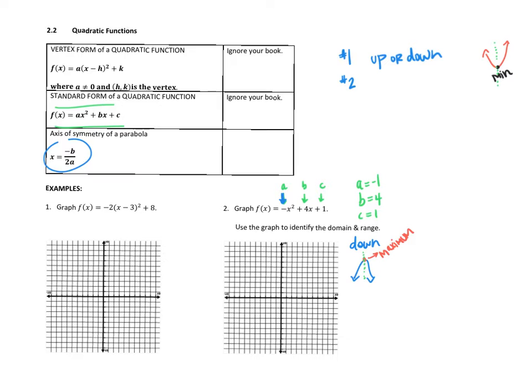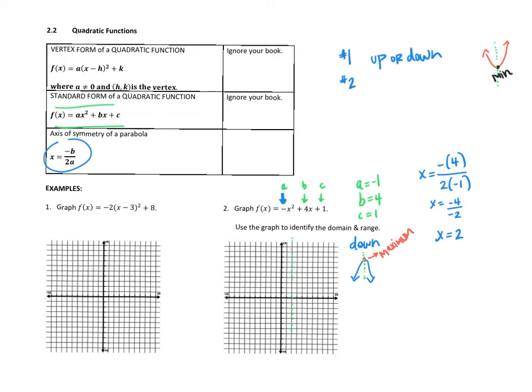So I'm going to start with that. On number 2, I have x equals -b, well, b happens to be 4, over 2a. So that's going to simplify to x equals -4 over -2, which is x equals 2. And that's going to be my axis of symmetry.